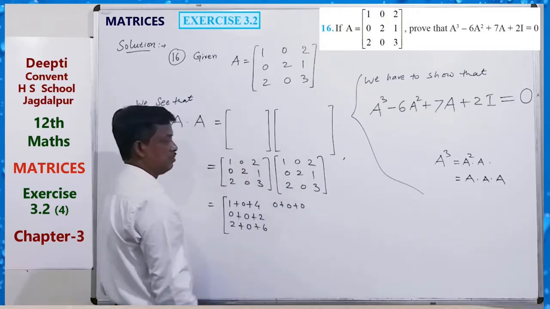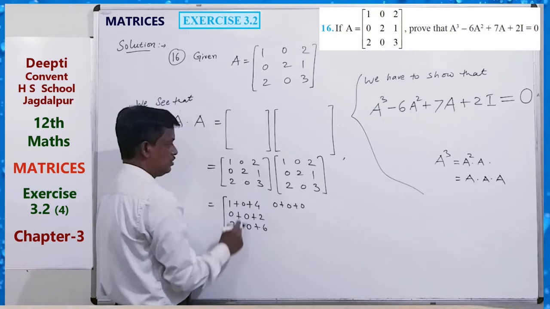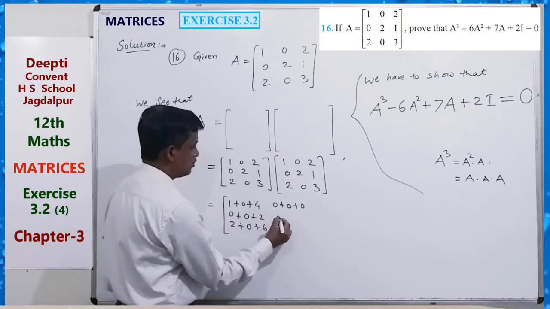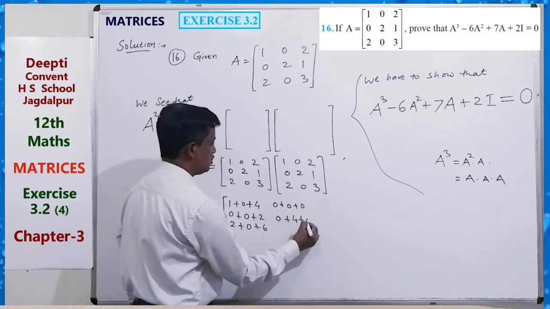Then 0 plus 2 into 2, 4, plus 1 into 0, 0.